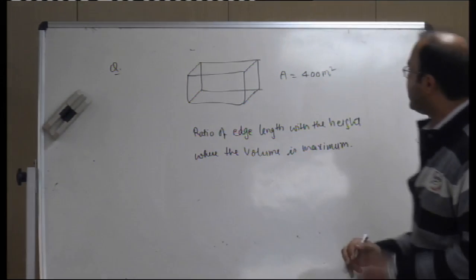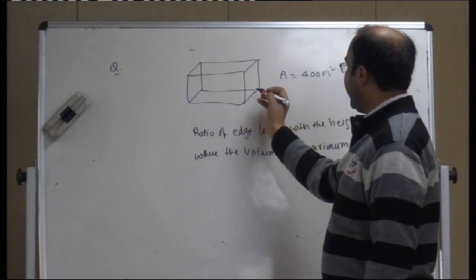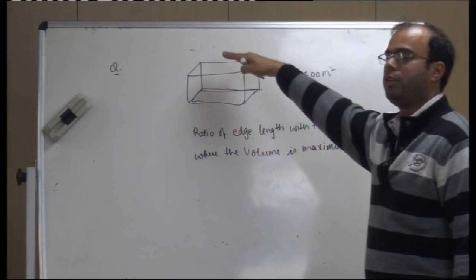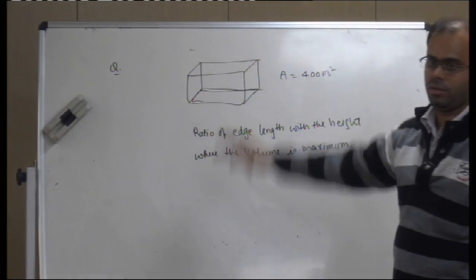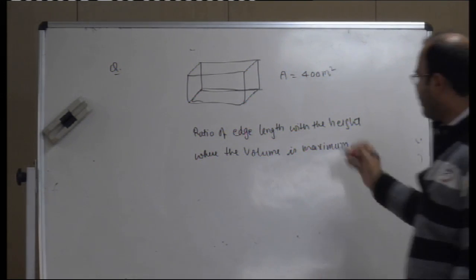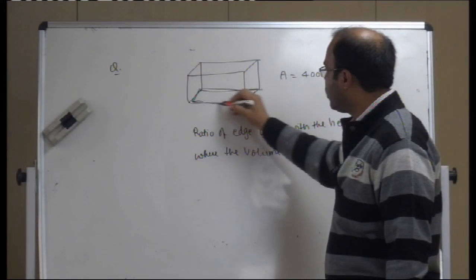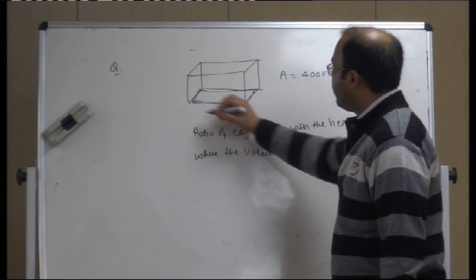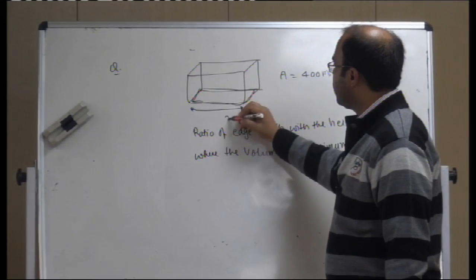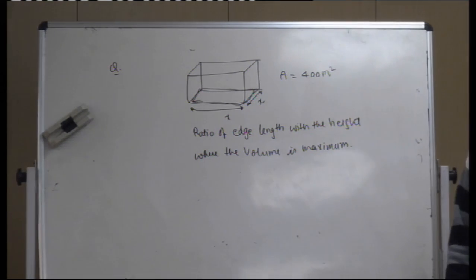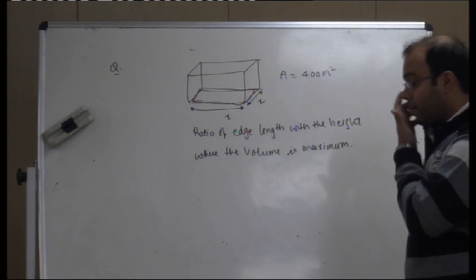This is the area of this part which does not include the topmost cover, only the base and the 4 walls. Further it is given that the base is actually a square. If this base edge is x, then you can take the other edge as x as well. This area is 400 meters square.